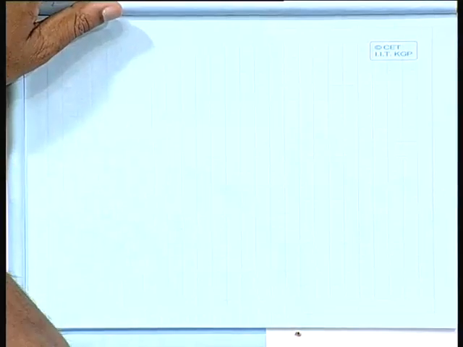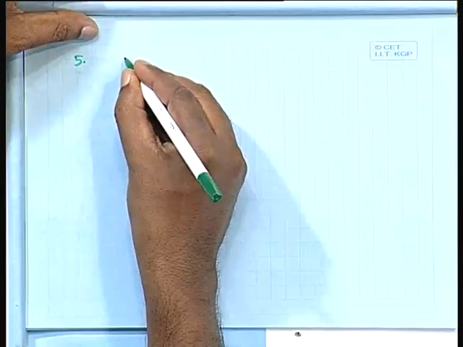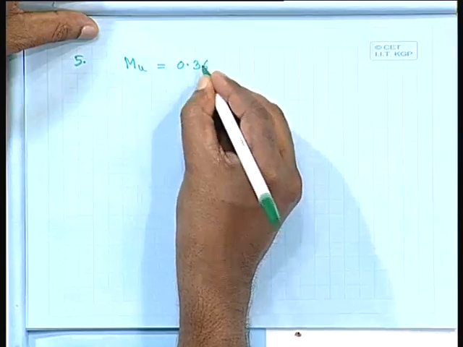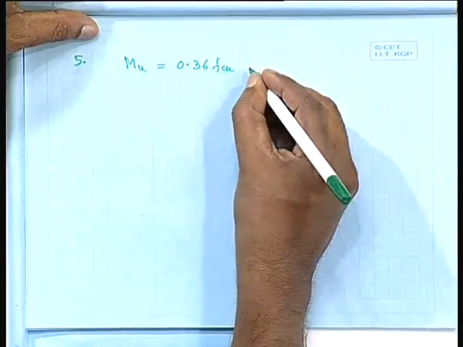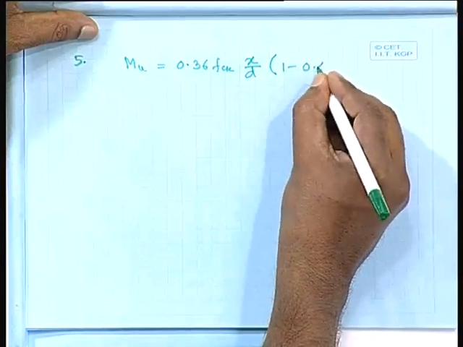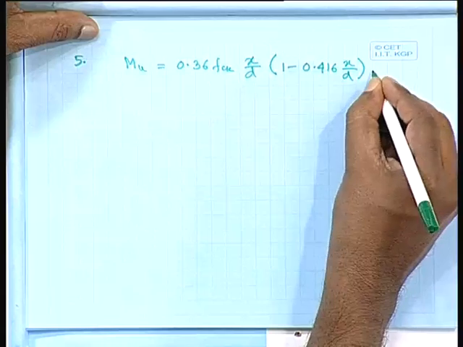So, we have got the overall depth. Then what about your Mu? We know that Mu equals 0.36 fck x by d (1 minus 0.416 x by d) bf d square.